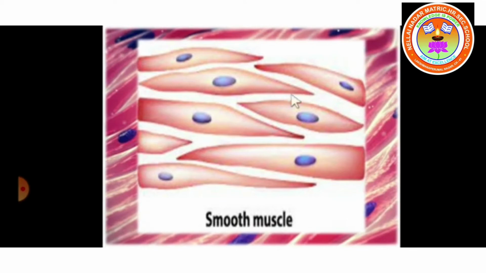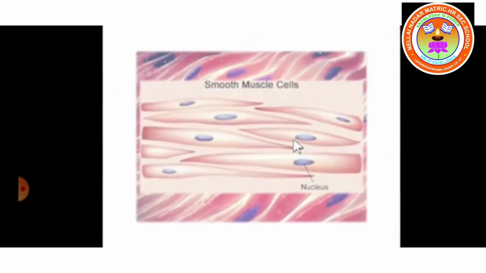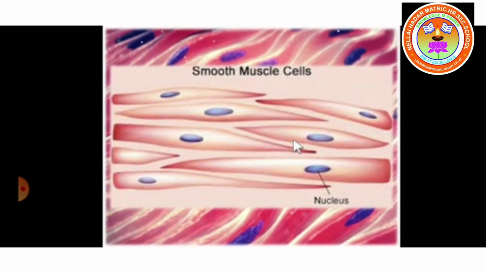So these muscles are spindle shaped with a broad middle part and tapering at both ends. There is a single centrally located nucleus. In each cell only one nucleus is present, so we call them uninucleate structures.